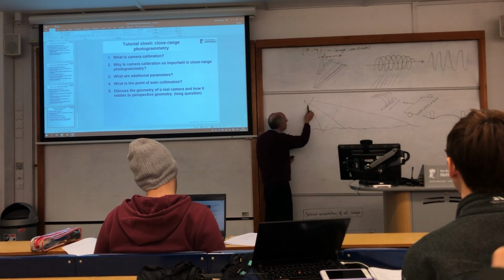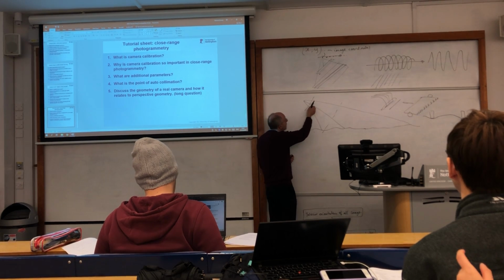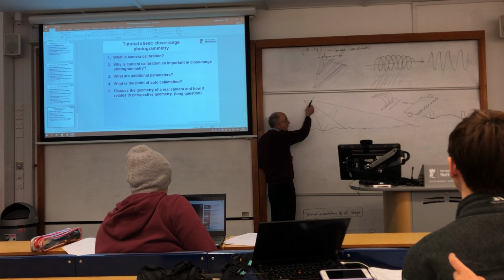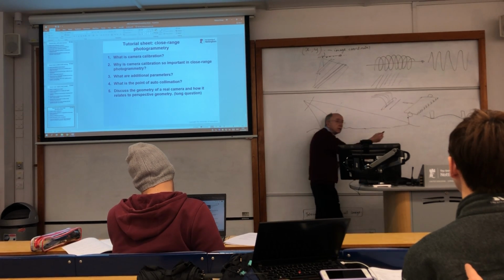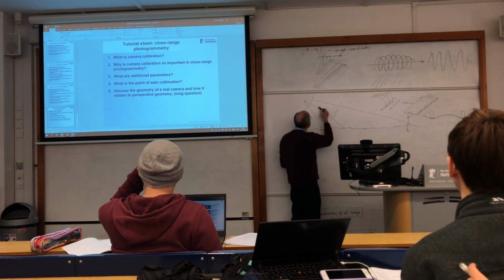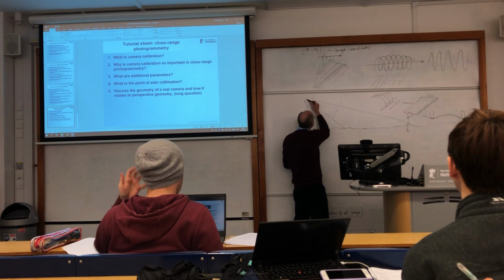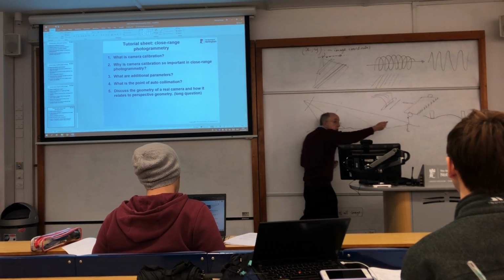And what can happen, and this is more to do also with the aerial triangulation, is that a very small tilt error can cause that to come up a long way or go down. And you find that you end up defining a working area that's a lot smaller than the total.